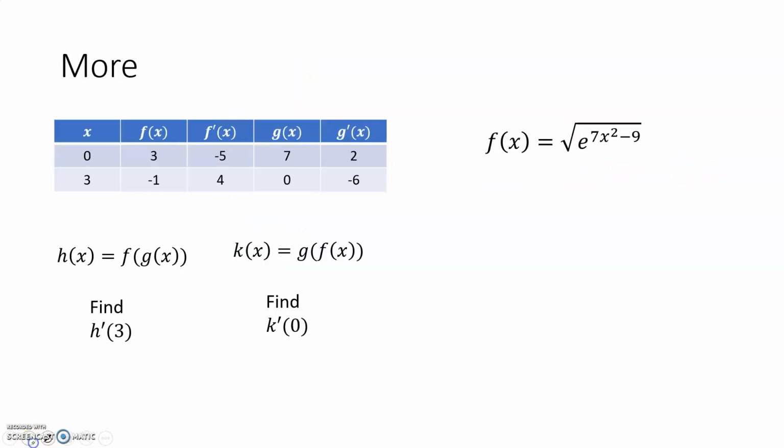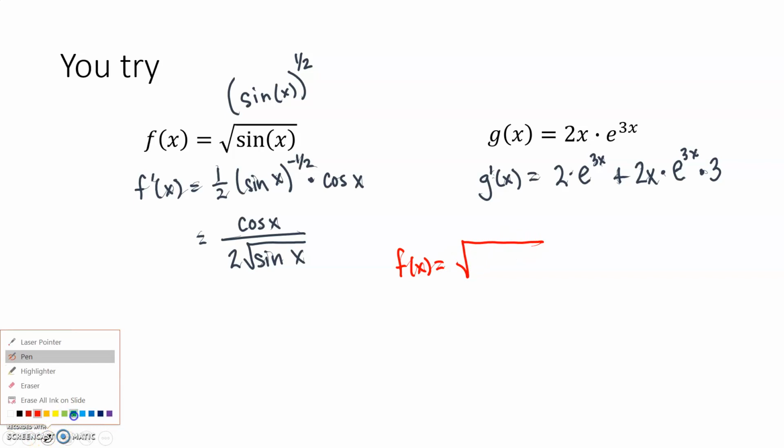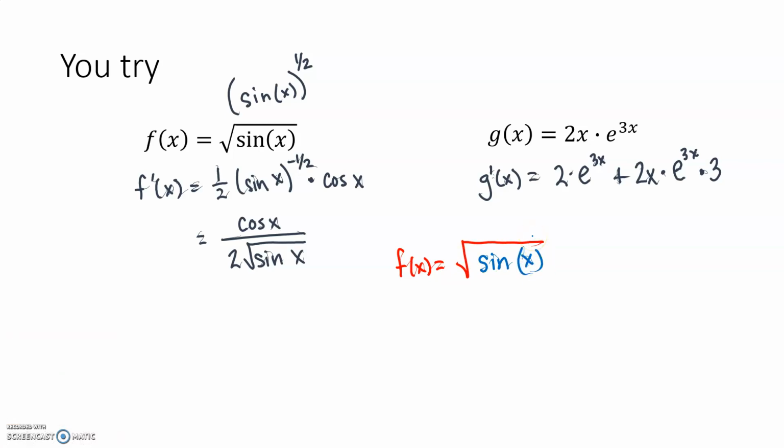Sometimes it's helpful to use color as you're doing these problems, and I probably should have been using color all along. If I see f of x as the square root of sine of x, then I can say, well, first I'm going to take the derivative of square root.